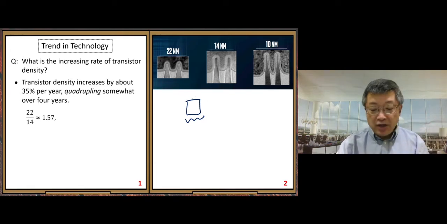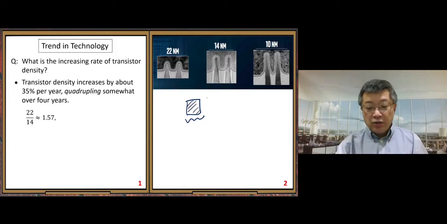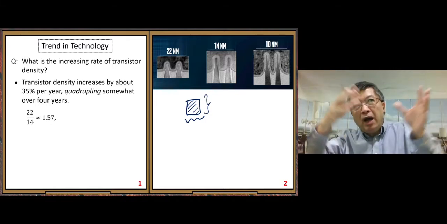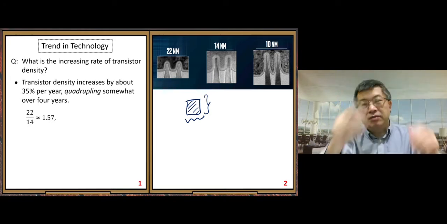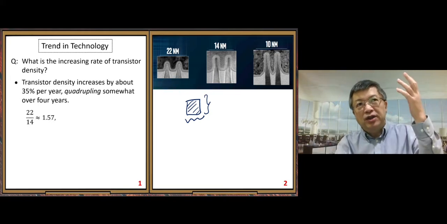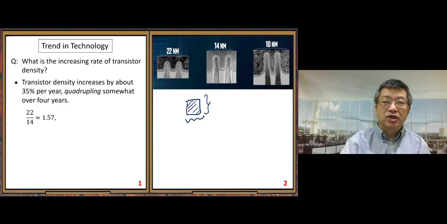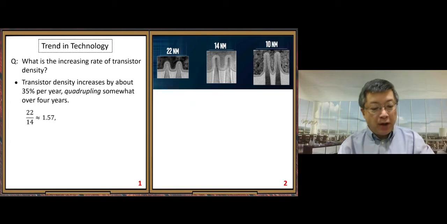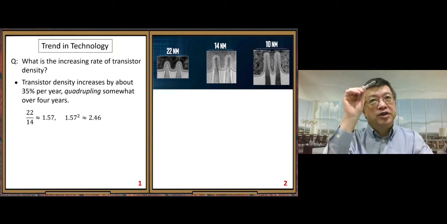But when we talk about density, we should consider the area of the rectangle, right? So we need to consider another dimension. So we need to multiply these two numbers, 1.57 twice, squared. So we need to consider 1.57 squared. That corresponds to the transistor density. So the actual number is 1.57 squared, approximately 2.46.